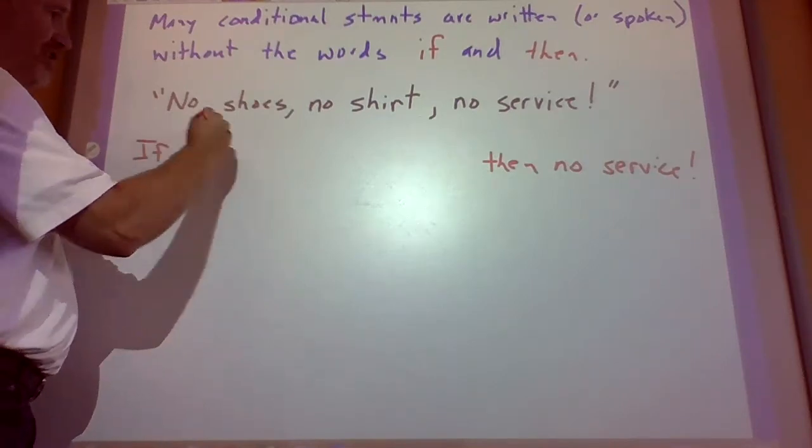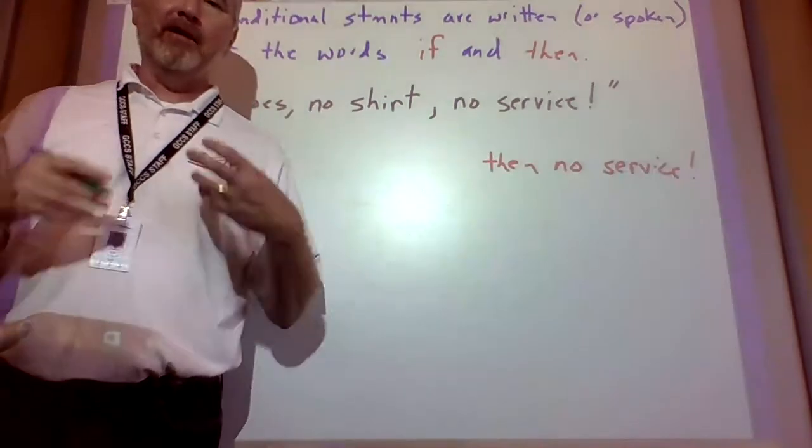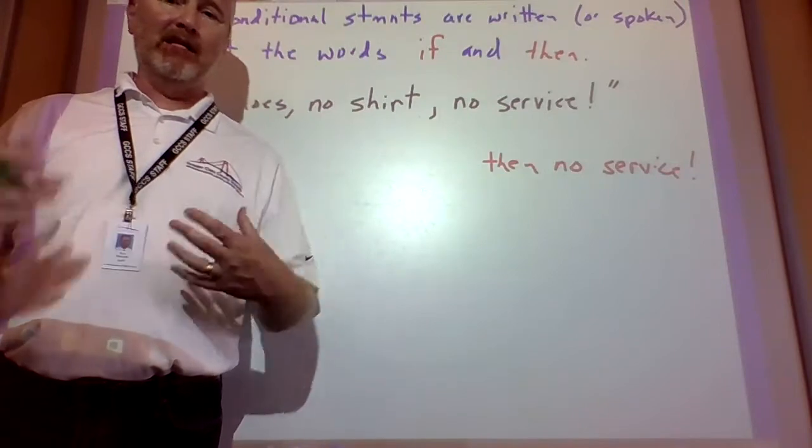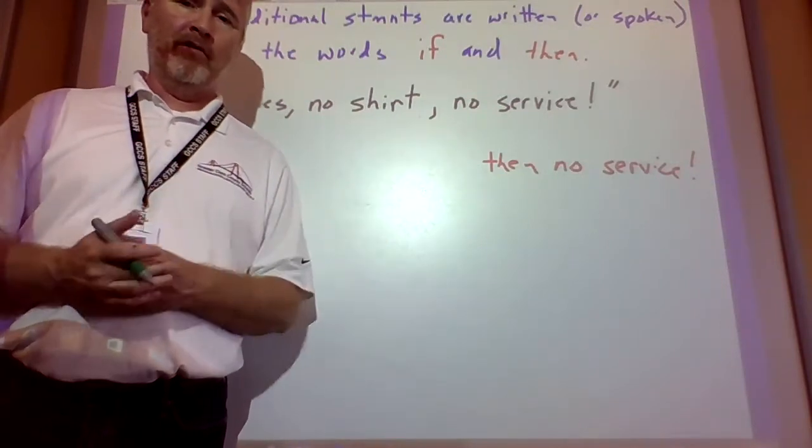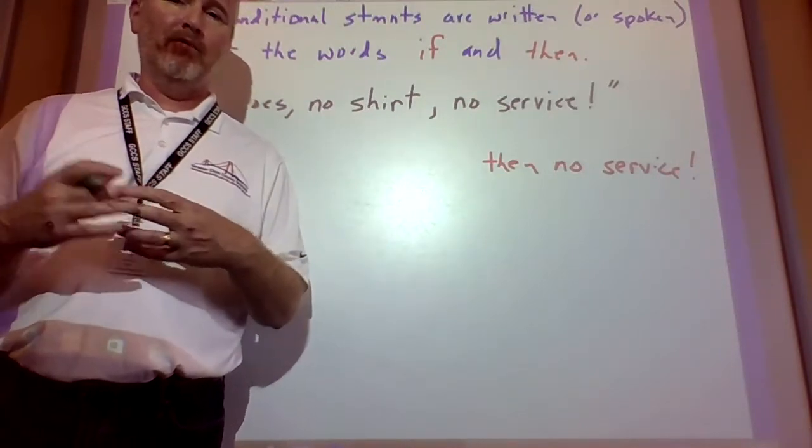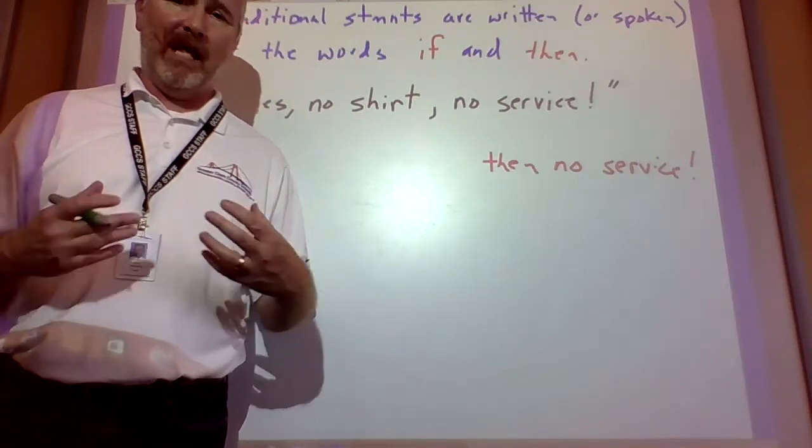If you don't follow these rules, so if you aren't wearing shoes, and sometimes you have to make the conditional flow and have correct grammar and stuff, you have to add some words. As long as you don't change the meaning, that's okay.